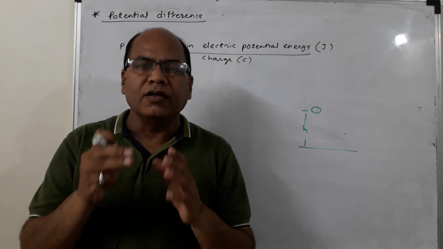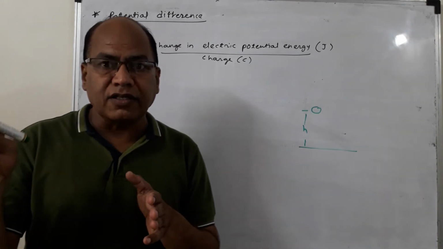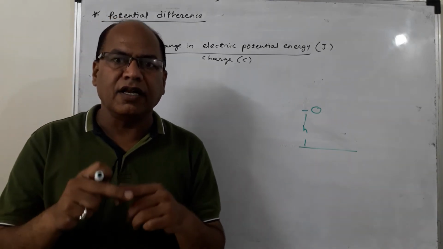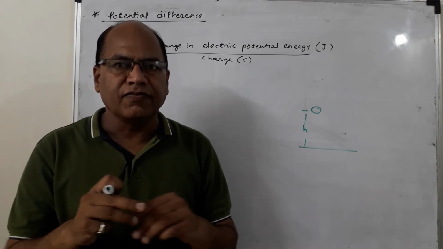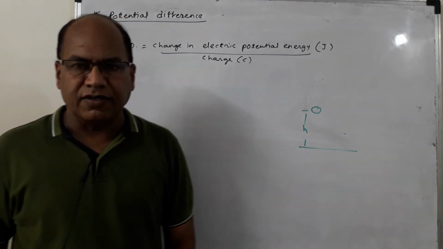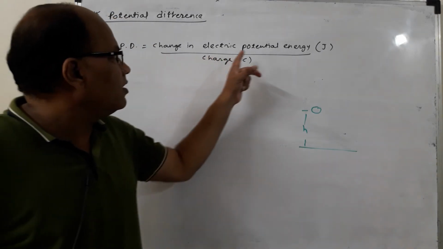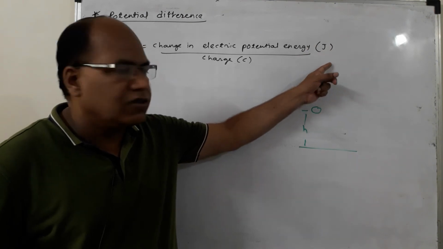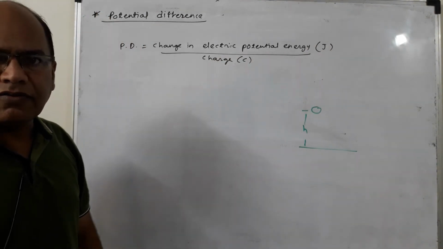Now in moving from position A to position B, it will lose some electric potential energy. This loss in electric potential energy is called potential difference. So potential difference is defined as change in electric potential energy, measured in joules, of the unit charge, measured in coulombs.